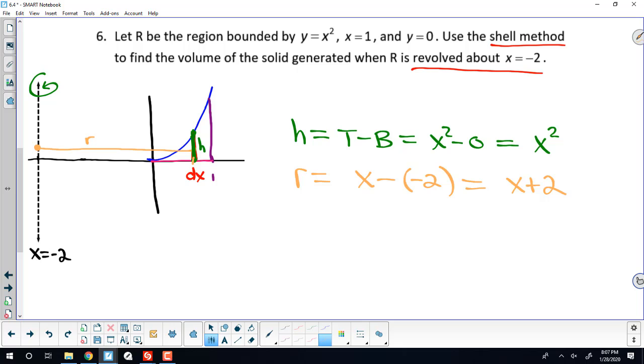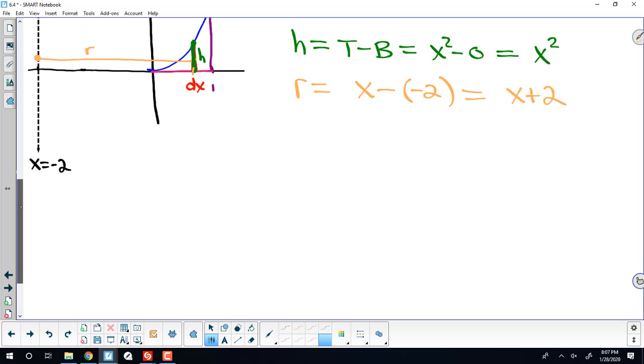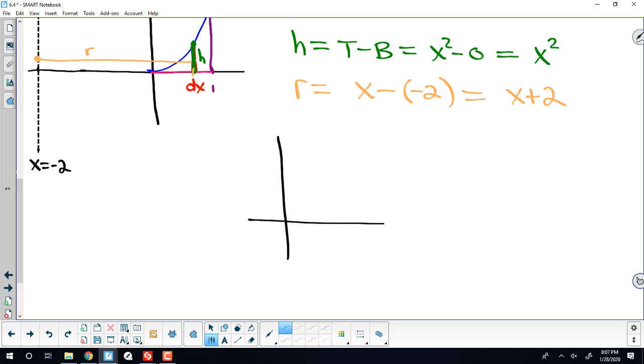Does that make sense? I mean, you might want to just draw the whole thing out if it doesn't. Here's our region. We're revolving it around this. Here's our rectangle. It turns into this shell over here.